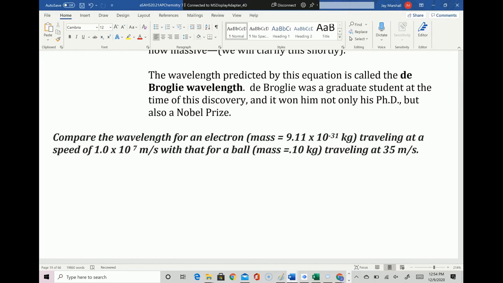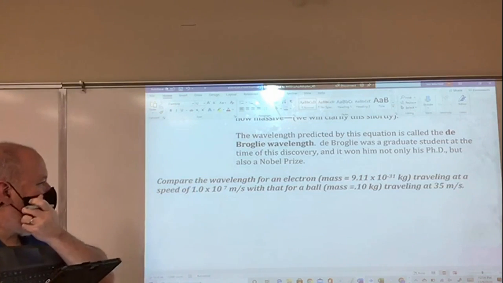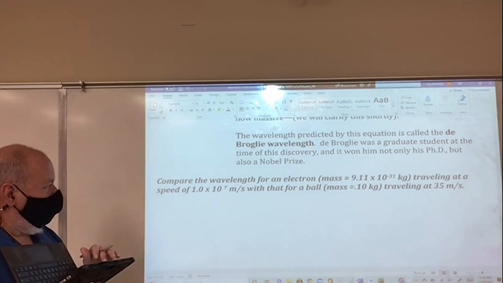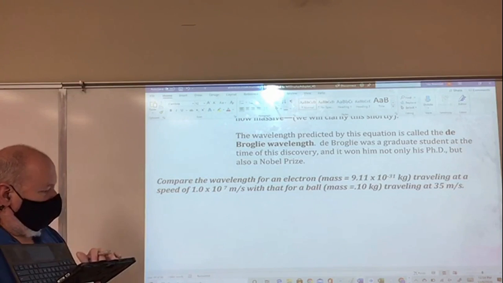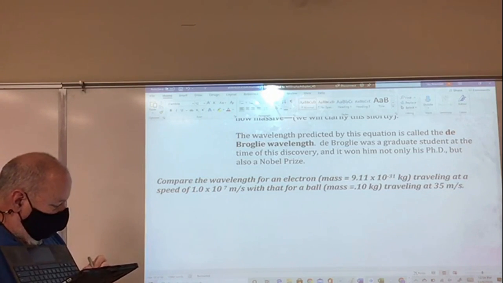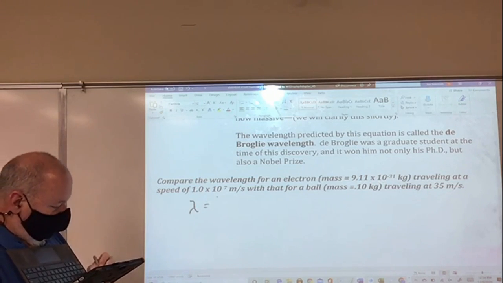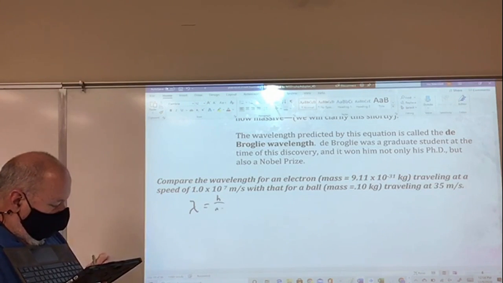So, compare the wavelength for an electron traveling at the speed of 1 times 10 to the 7th meters per second with that for a ball with a mass of 0.1 kilograms traveling at 35 meters per second. Remember, the wavelength equals h divided by mv.